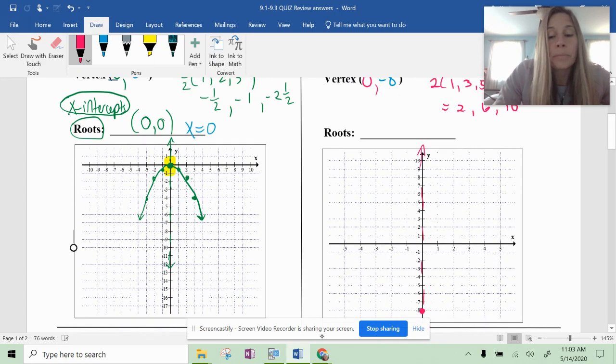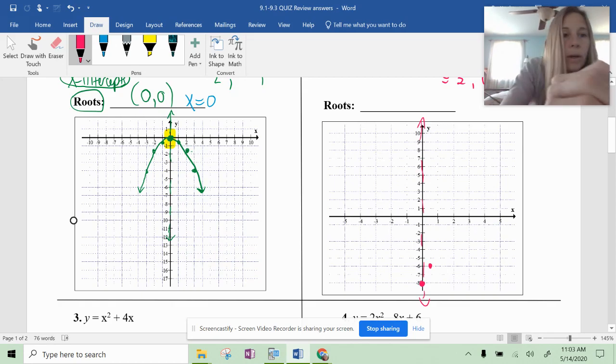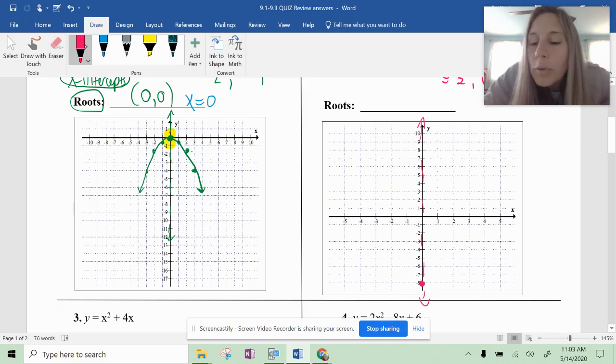So from this point, I'm going up 2 over 1, up 6. Oh, wait, I didn't quite go over 1. It's a little hard to see on this graph. So up 2 over 1, up 6 over 1, and then I would go up 10 over 1. Same thing on the other side of the axis of symmetry.